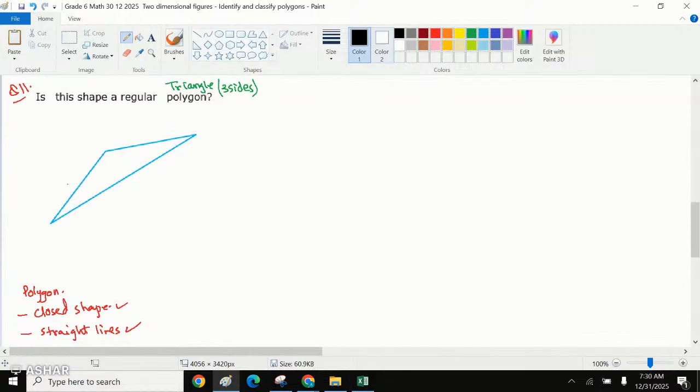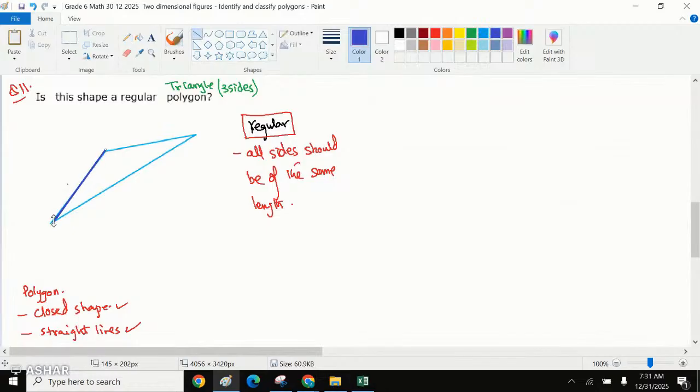The definition of regular and irregular was, the requirement for any shape to be regular, the condition was all sides should be of the same length. So let's look at this triangle. Side number 1 and side number 2 do look like the same length, but the third side is of different length, right?